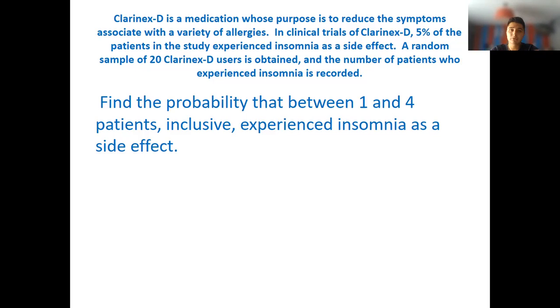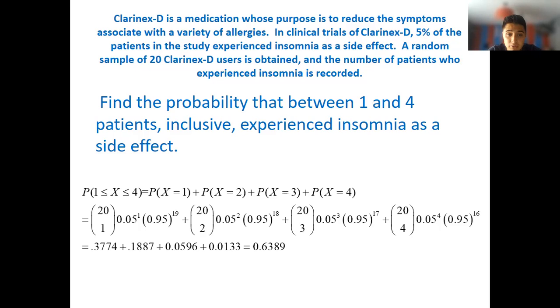So here, another time, we only could have 2 results: the people have this insomnia effect or they don't have this side effect. But here the important thing is that it is telling us to find the probability between 1 and 4 patients. So here we need to compute each probability as in the last problem.